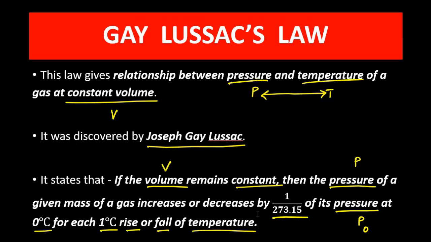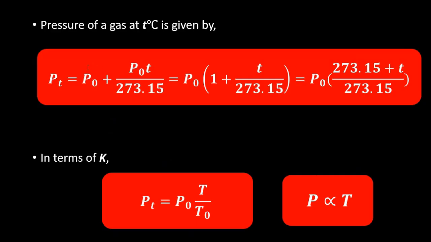So it can be mathematically stated as: the pressure of a gas at T degrees Celsius, called P subscript T, is equal to P0, that is the pressure at 0 degrees Celsius, plus 1 by 273.15 of P0 multiplied with T.